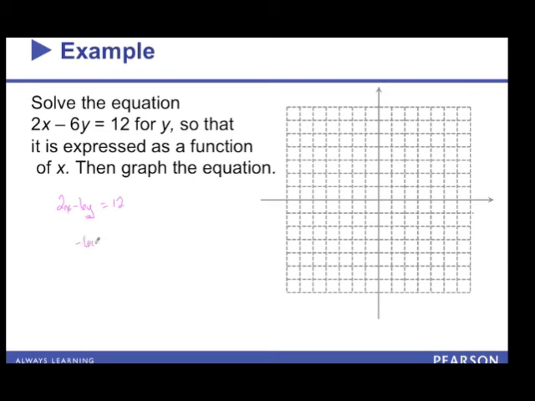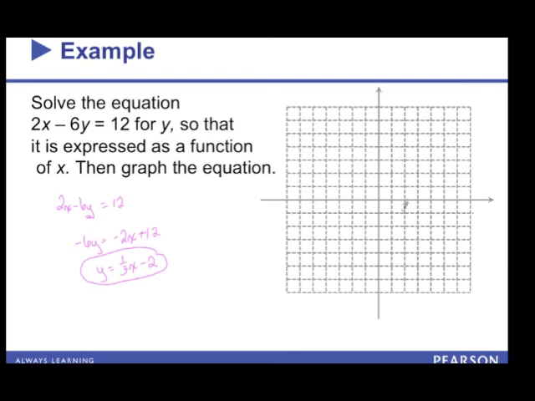I have 6y equals negative 2x plus 12. Now I'm going to divide by the negative 6. So negative 2 divided by negative 6 is 1/3 x. 12 divided by negative 6 is minus 2. So this then is my equation solved for y.